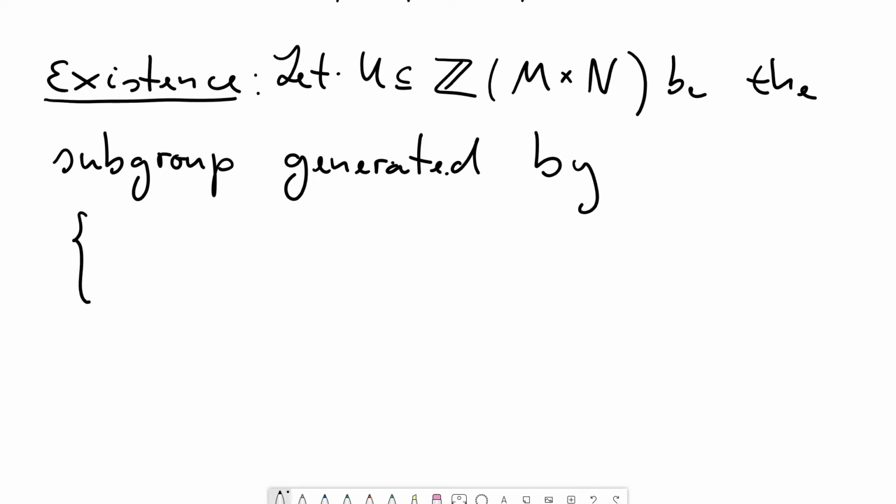So first of all, I want the inclusion to satisfy requirement number 1. This is just saying that if I have a pair, my left variable is m, so m comma n plus n prime, then I want this to be the same as m comma n plus m comma n prime. So I want that this difference here is 0.